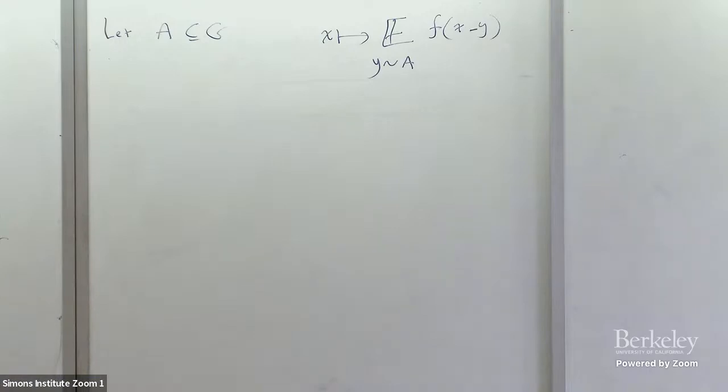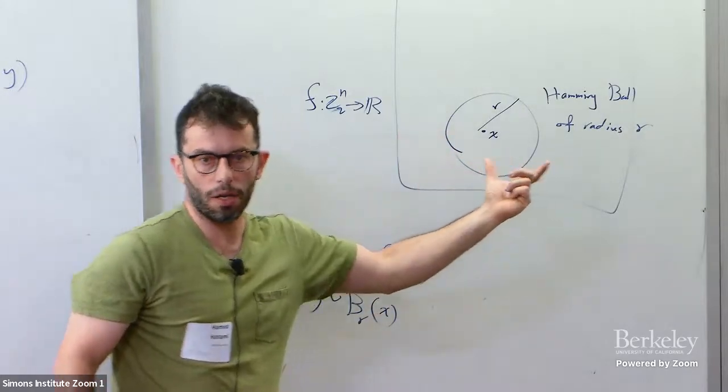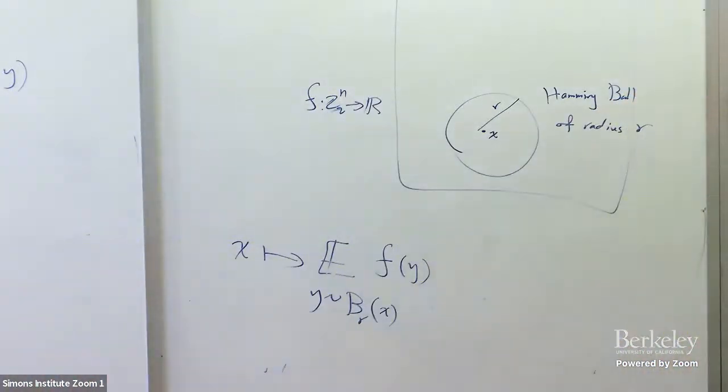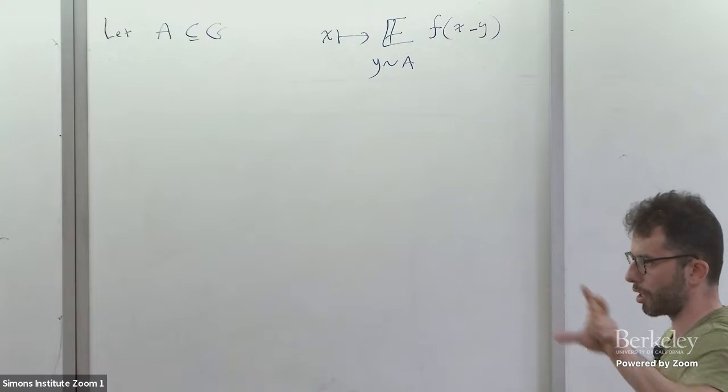If I take A to be the Hamming ball of radius r around 0, I get the thing that I want, because it's going to be x minus something chosen from that Hamming ball, so it's around the point x. I'm just changing the center.